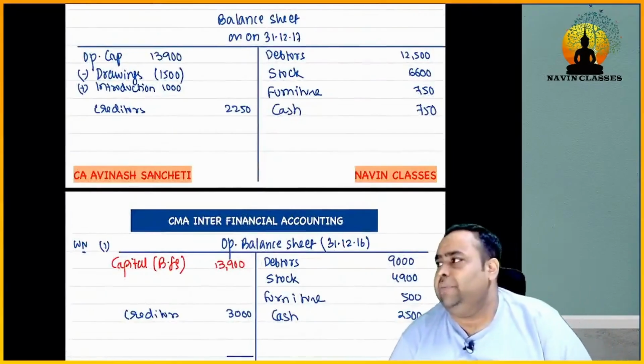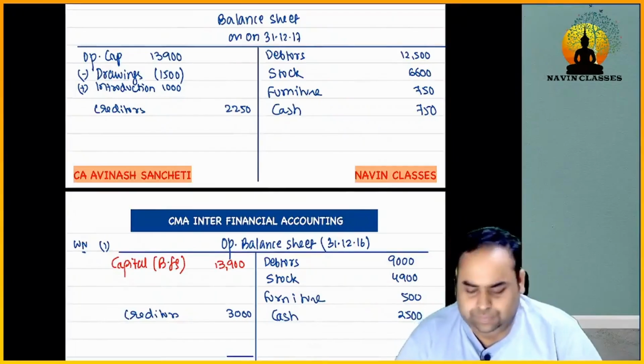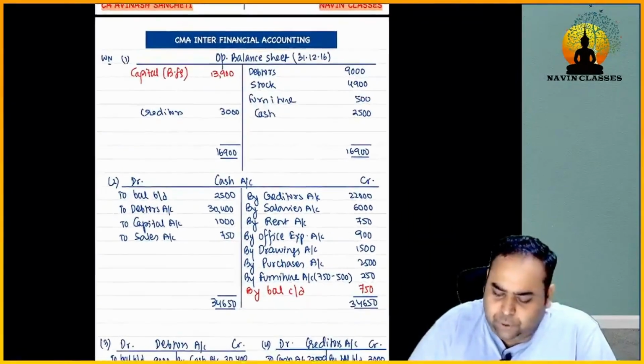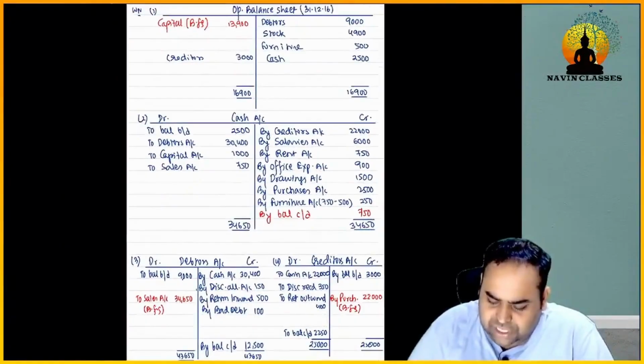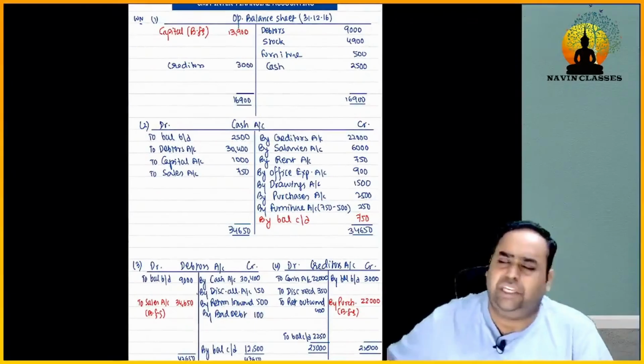Now you'll calculate the profit after closing the trading PL and get my balance sheet ready. You all have to close trading PL on your own, calculate profit and then prepare the balance sheet. Ishika, if you want, you can check the ledgers. If you need any figures, you can take them.